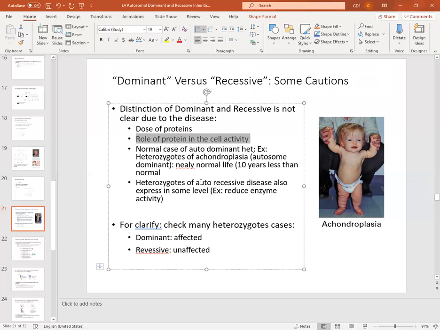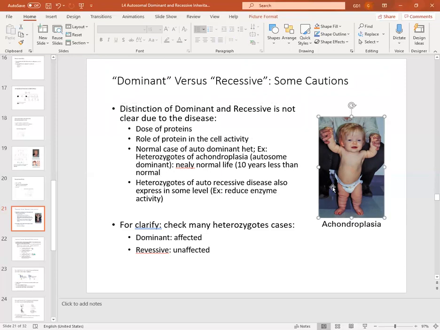So the importance of one protein is different from another protein. I have an example here. This girl has achondroplasia, an autosomal dominant mutation.